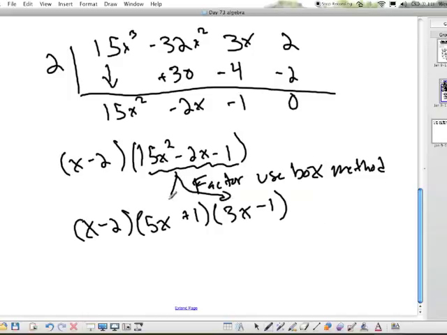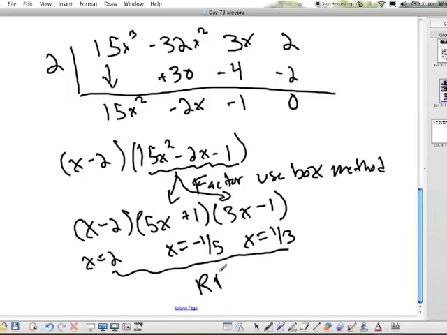Again, that breaks down. So we know x equals 2, x equals negative 1/5, and x equals 1/3. And those are the rational roots.